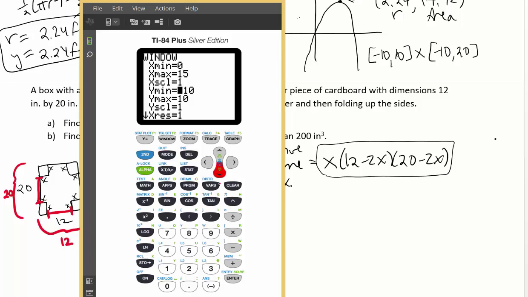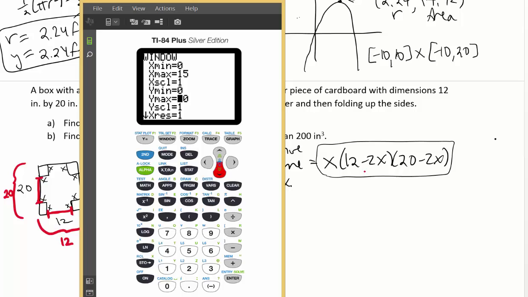And then for my y's, I'll start my y min at 0, because we're talking about volumes here. And my y max, I'm going to let that be quite a bit bigger, because if I've got a 12 times a 20, if you were to multiply 12 times 20, that's going to be something in the hundreds. So I'm probably going to need some numbers that are in the hundreds as well.